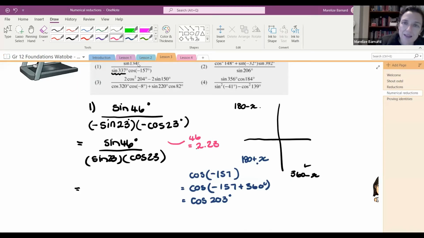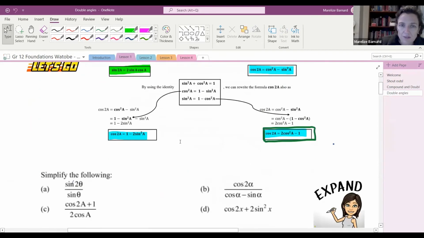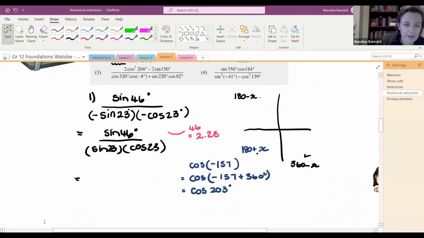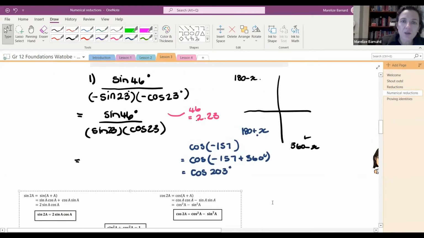So we can expand that using the double angle identity for sine. And again, you don't have to memorize it. It's all on your formula sheet. And I'm actually going to go get the double angle identities from this lesson we had here, and just paste them here so that we have them at hand. So sine of 46 is sine of 2 times 23.